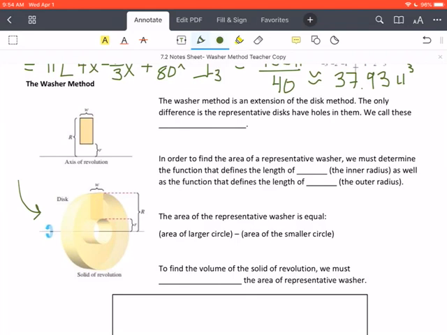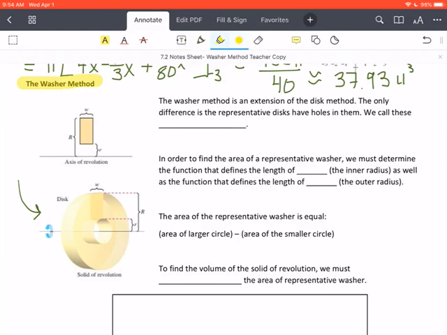So the washer method uses the same concepts as what we just went through in the warm-up, but there's one additional function we have to pay attention to. So let's look at some quick notes. It says the washer method is an extension of the disk method. The only difference is the representative disks have holes in them.